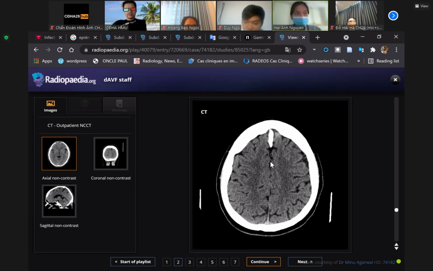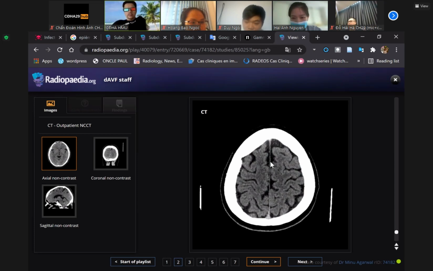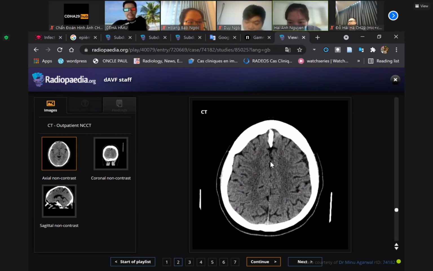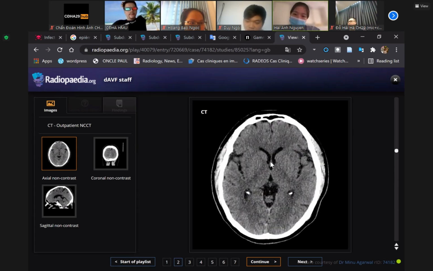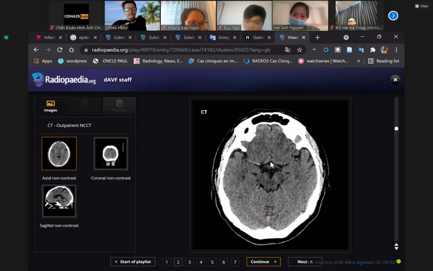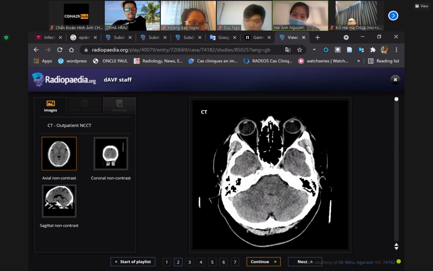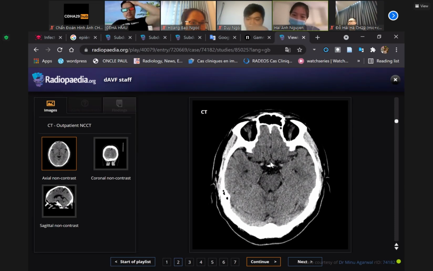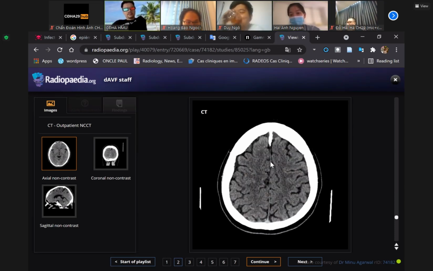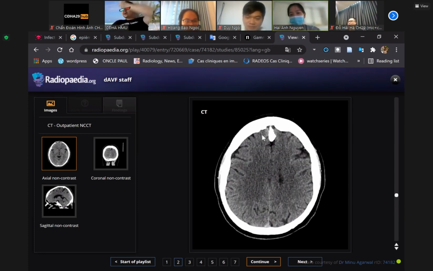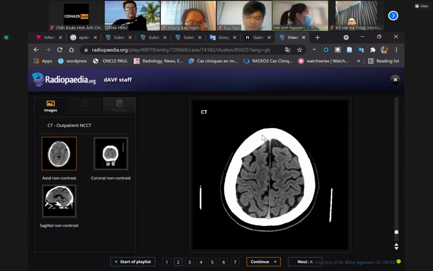There's the SSS, the sagittal sinus, big, and mostly nothing else.